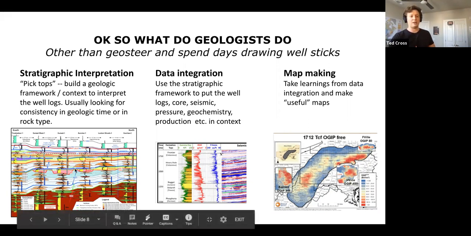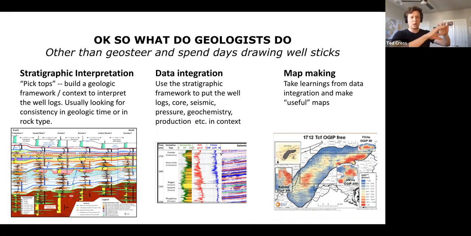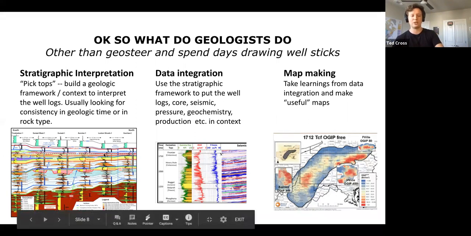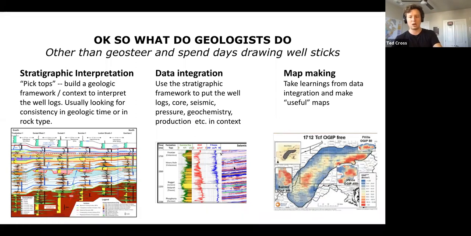When a geologist does stratigraphic interpretation, they are trying to build a geologic framework or context for all of those well logs, to pick some surfaces through them that represent consistent time surfaces or consistent boundaries between rock types. We don't need to go into too many details, but this is a lot of what geologists do: they build these very fancy charts and have all these picks or tops within the rock or within the well logs.